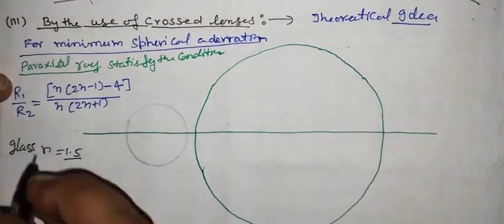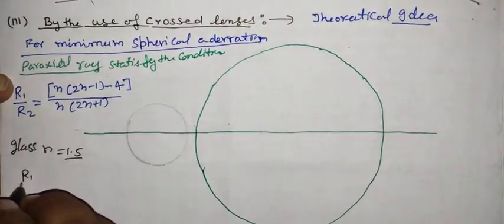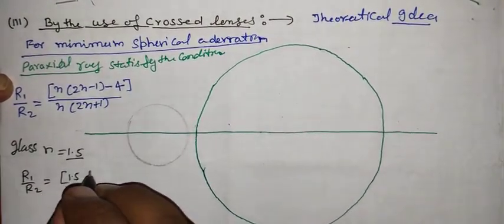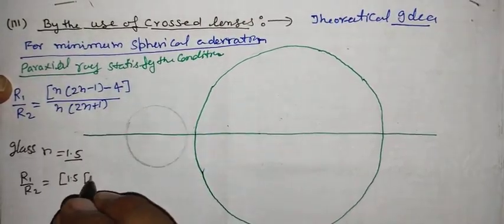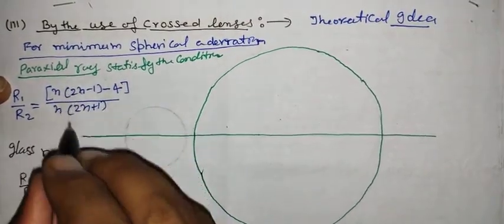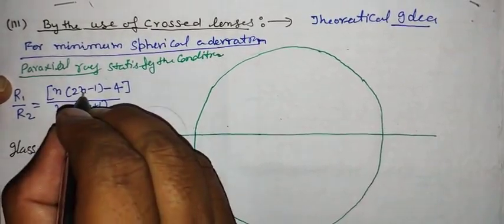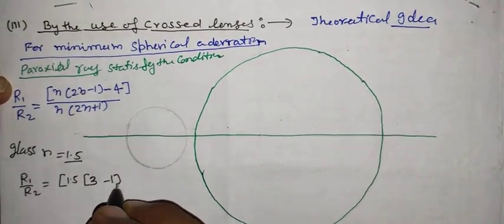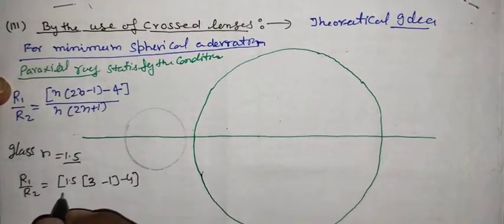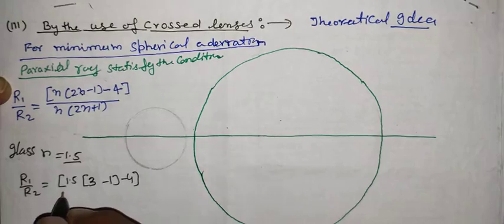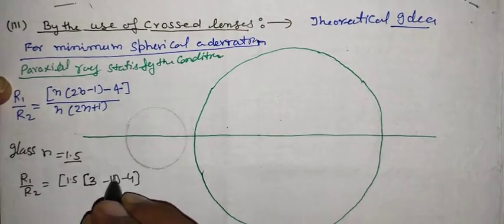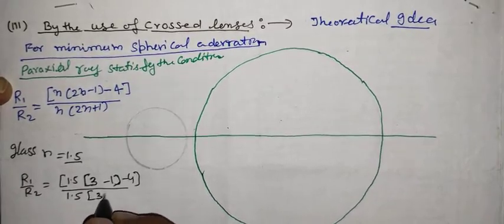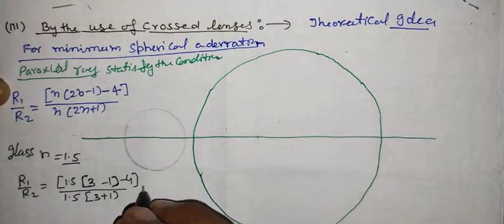So keeping this value in the formula above, R1 by R2 is equal to (1.5 × 2 × 1.5 - 1.5 - 4)/(1.5 × (3 + 1)).